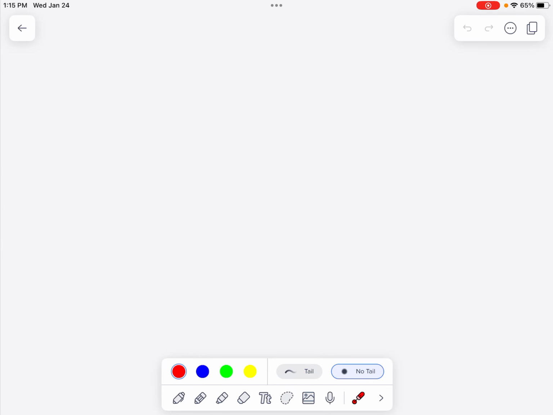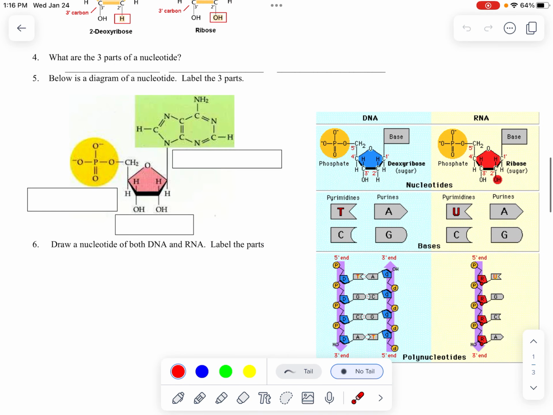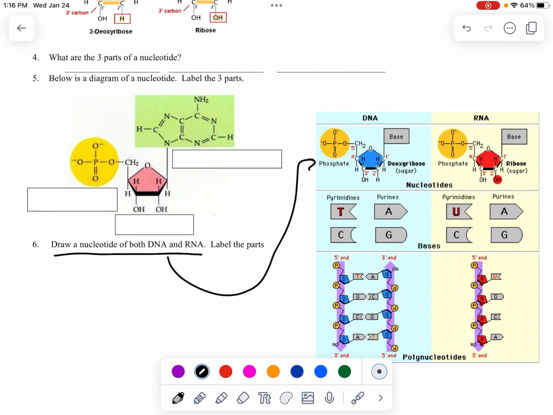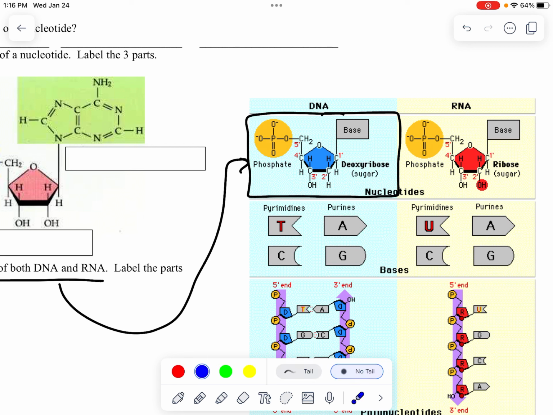Let me just switch over to the notes here. So for this part of the notes, where it says draw a nucleotide, just of DNA and RNA, there they are, all right? Just draw an arrow here. This is a DNA nucleotide. You can see it's got the sugar phosphate base. Deoxyribose is the sugar. Again, they're just kind of showing the base here as a little square instead of showing its real molecular structure.